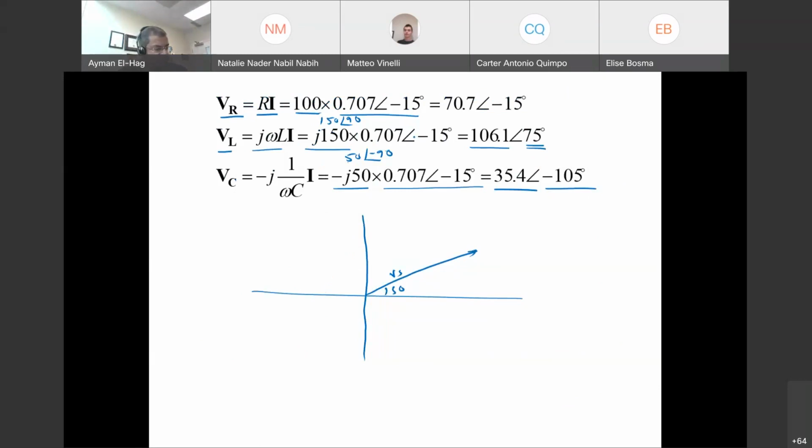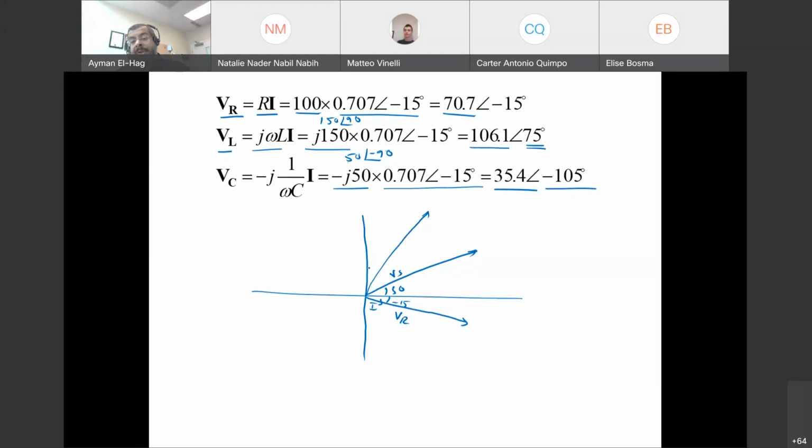VR is 70.07 here with an angle of minus 15. This is your VR. And it's the same for I. This is your I, because we know that I and VR, the voltage across the resistance, are in phase. Then we have VL, which is 106 with an angle of 75, so something bigger here.